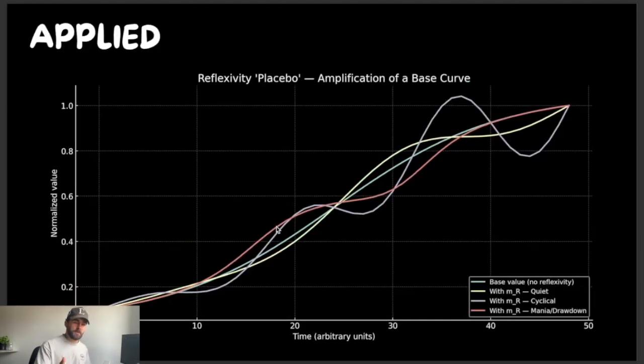Now, here's a great visual of some of these reflexivity multipliers overlaid against a vanilla Bass diffusion adoption curve over time to show you what these overshoots and undershoots in price could look like over a long-term trajectory.